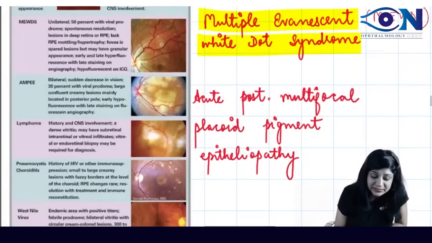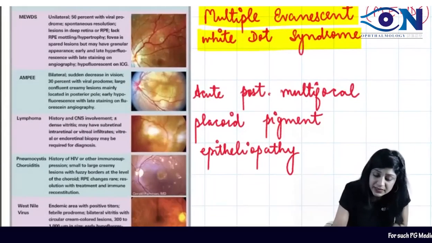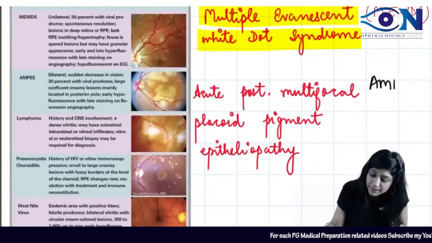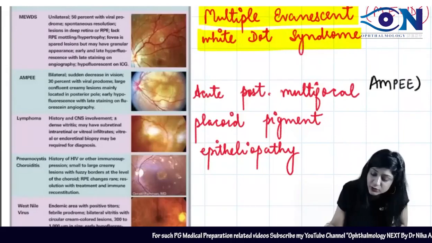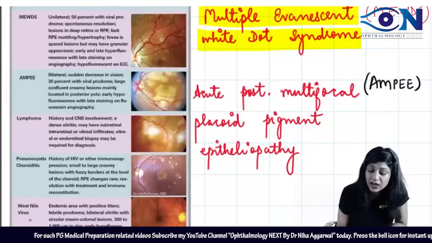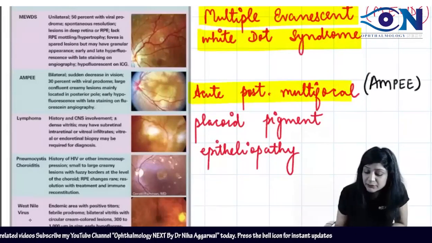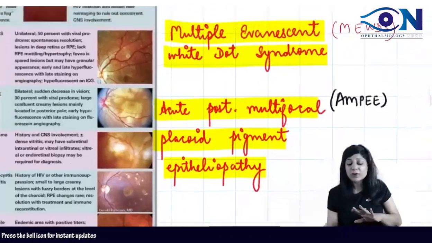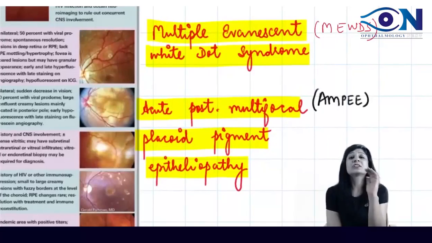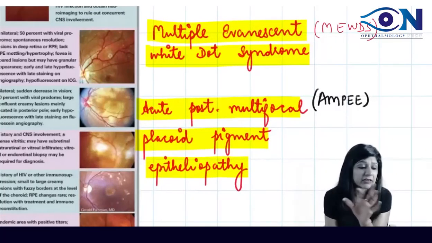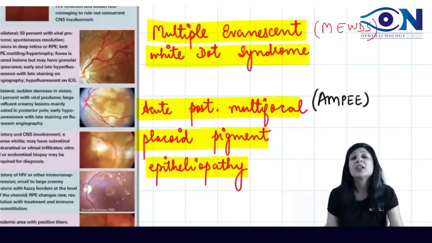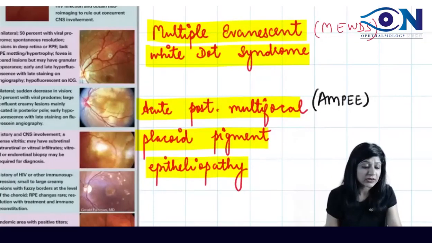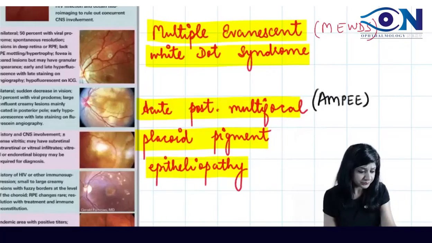And another is your AMPPE. That is also there. This is your acute posterior multifocal placoid pigment epitheliopathy. Now, we will not go into the details because this is far beyond the PG level, but you can learn the names at least, where you can have the punched out lesions.